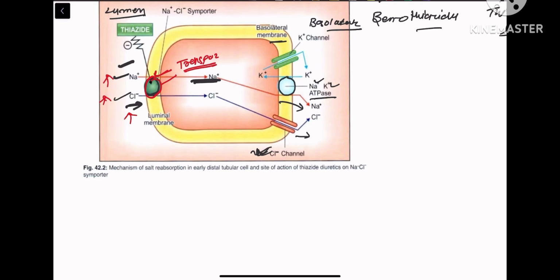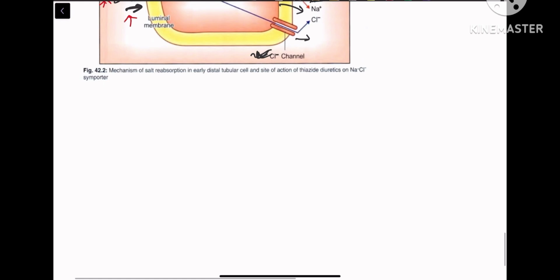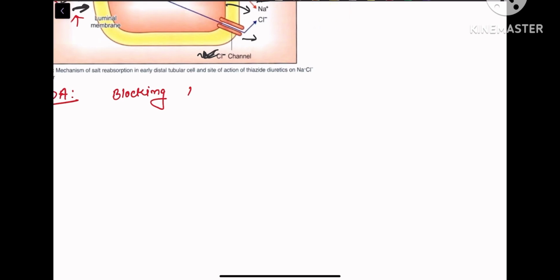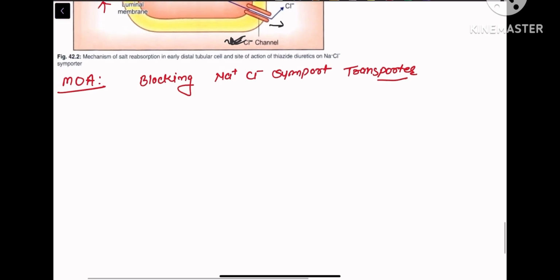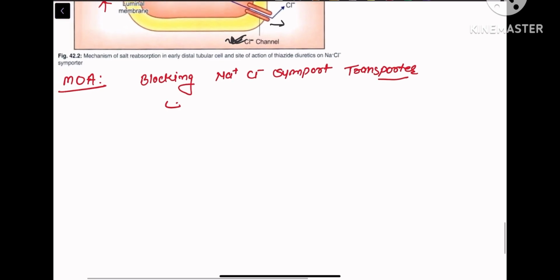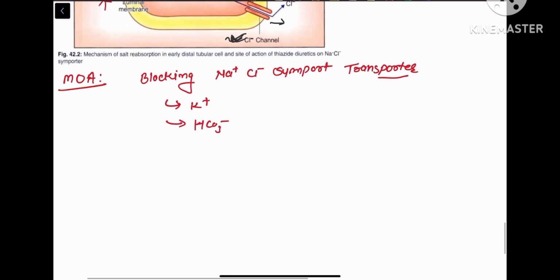Now we discuss the mechanism of action. So this is blocking the sodium chloride symport transporter. Along with this, it also decreases the potassium and bicarbonate absorption.